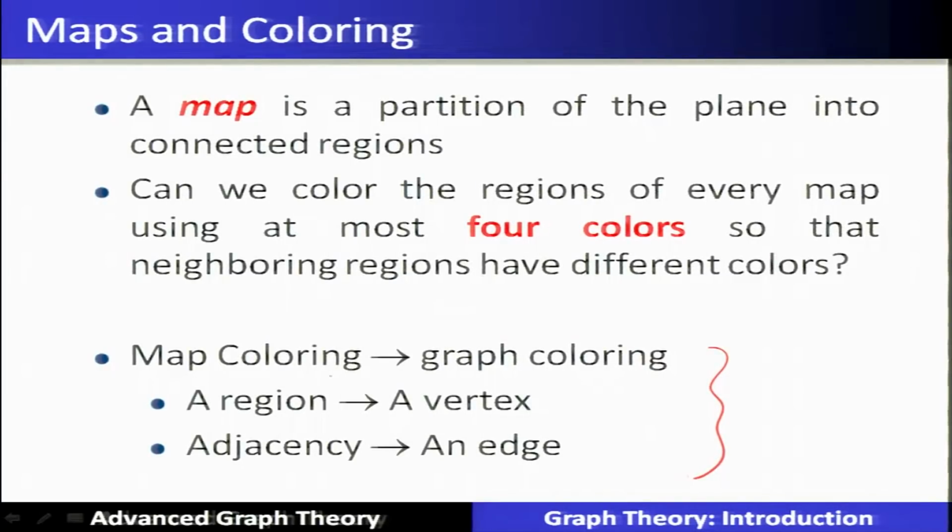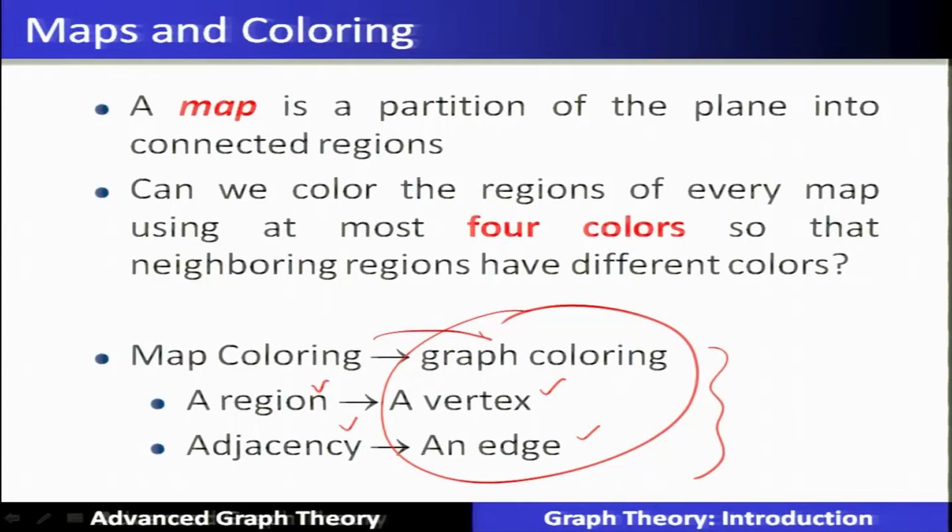The regions in a map can be represented as the vertices of a graph, and the adjacency relation between the regions can be represented as an edge of a graph. Then map coloring can be represented in the form of graph coloring.